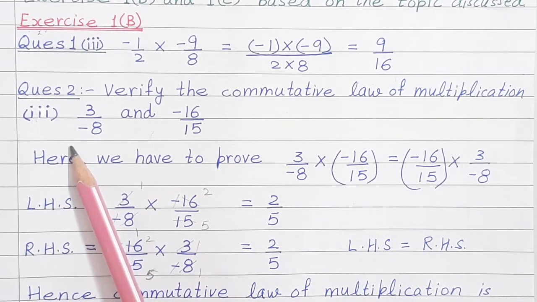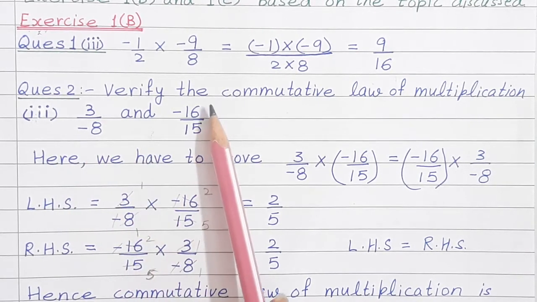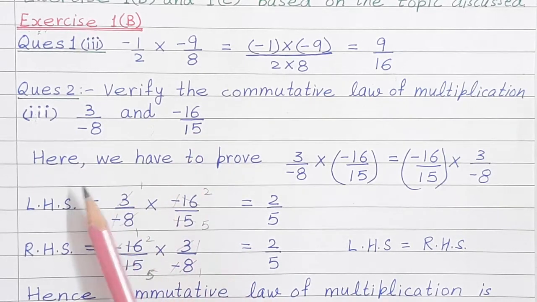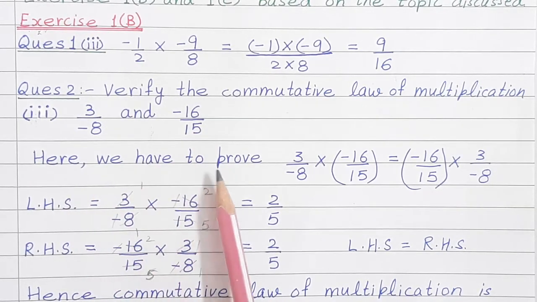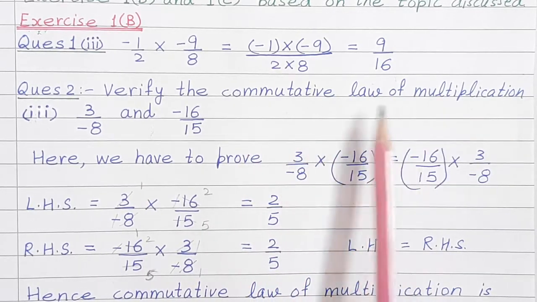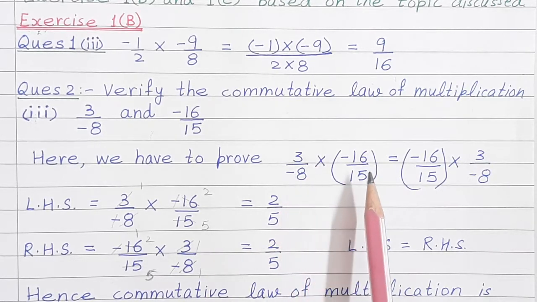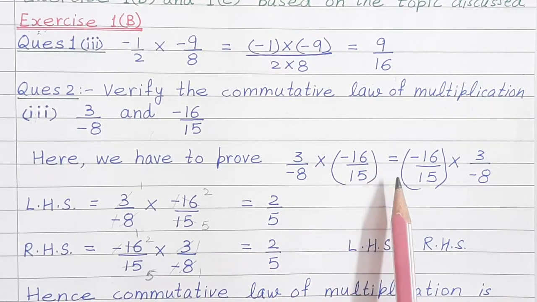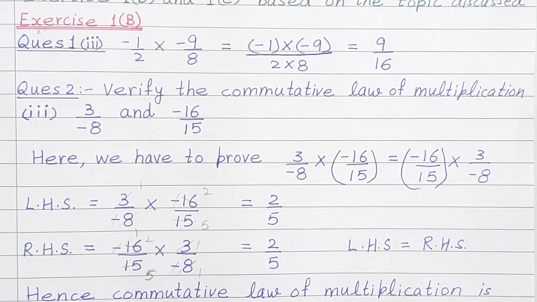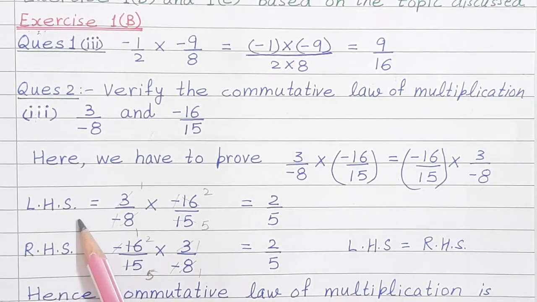So the third part is 3 upon minus 8 and 16, that is minus 16 upon 15. So here we have to prove that. Now what is commutative property? That is A upon B into C upon D is equal to C upon D into A upon B. This we have already discussed. So let us solve the left hand side first.